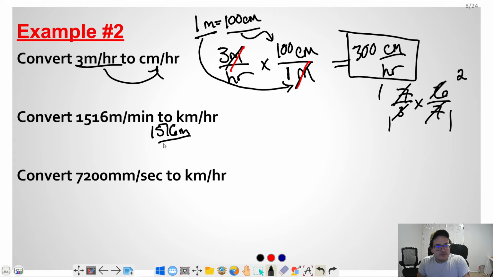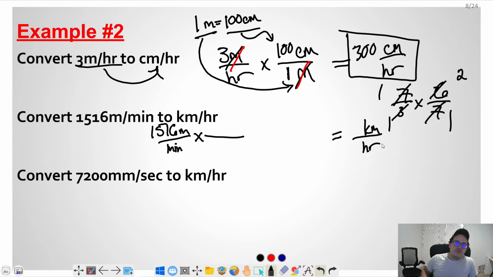1516 meters per minute. We want to convert that to kilometers per hour. So the problem is that if we want to get this to kilometers per hour, we have to convert both the kilometers and the hours. We have to convert both units here, which is why I've drawn a little bit more space than I usually do.